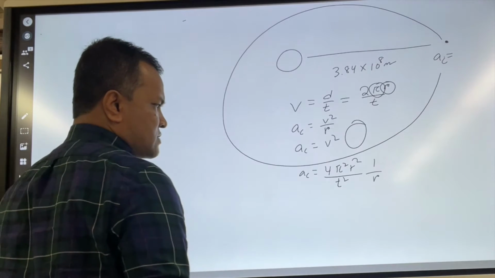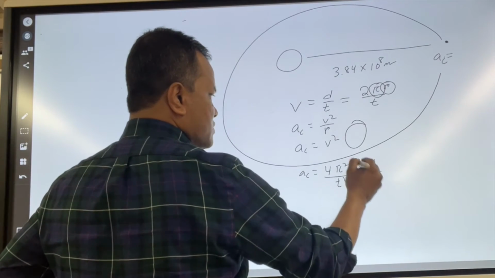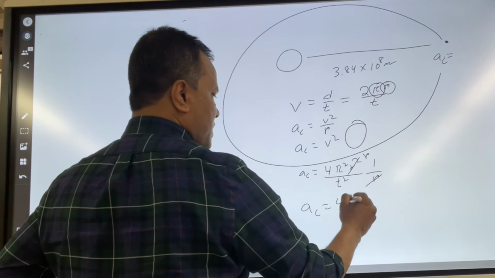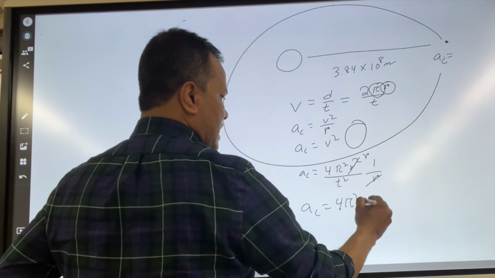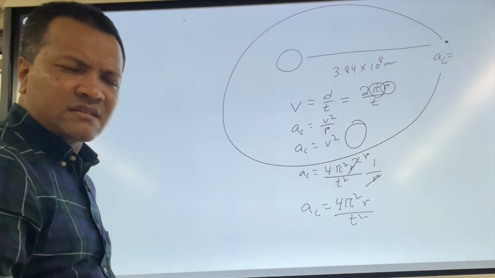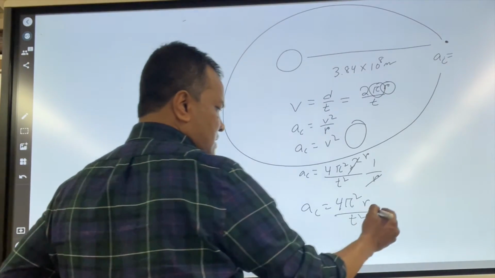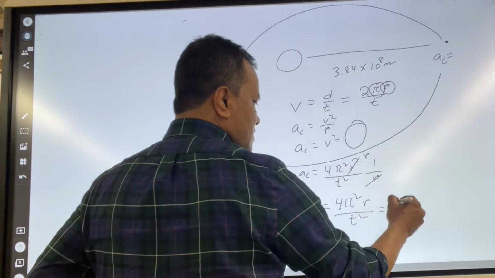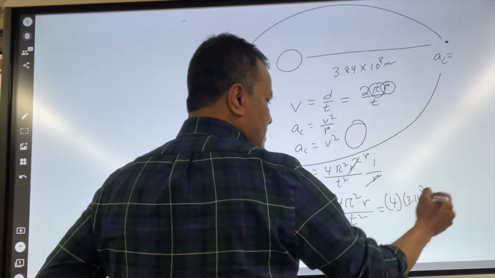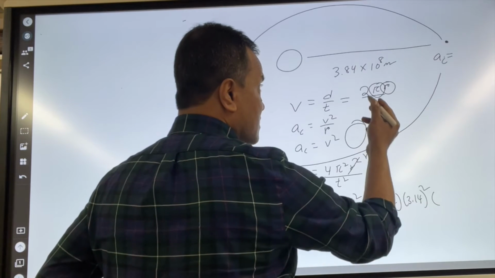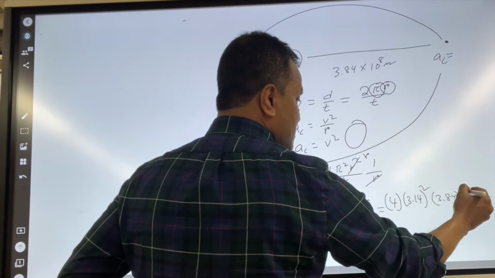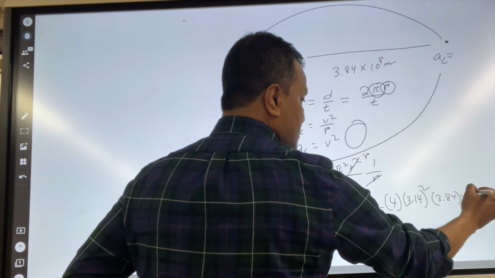Okay, so what else can you do? r squared over r is r. So this is 4 pi squared r over t squared. So this is the centripetal acceleration of the moon. So let's calculate it. 4 times 3.14 squared, and then r is the radius of the orbit, 3.84 times 10 raised to 8.